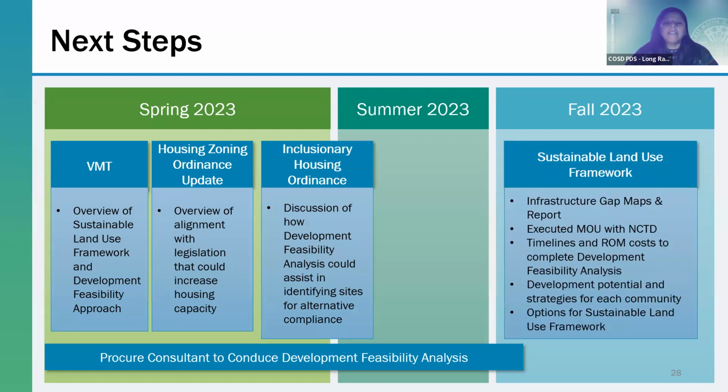Also, the staff anticipates returning to the board this fall 2023 with an infrastructure gap analysis map and report, an executed MOU with North County Transit District for partnering and collaborating efforts with Buena Creek, and specific timelines and rough order of magnitude costs to complete the development feasibility analysis. Additionally, in the fall, the staff will bring forward more information on the development potential and strategies for each of the 4 communities and options for a sustainable land use framework, including any proposed refinements to the sustainability principles.